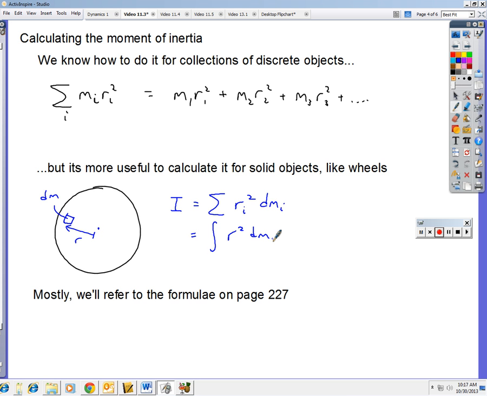For now, there's a whole bunch of formulas on page 227 of your textbook that tell you the moment of inertia for various shaped objects: spheres, disks, sticks, rectangles, hoops, you name it. And since most real-world objects can be approximated as various combinations of those shapes, we usually don't actually have to do integrals here. You can usually look up in the textbook what formula to use.